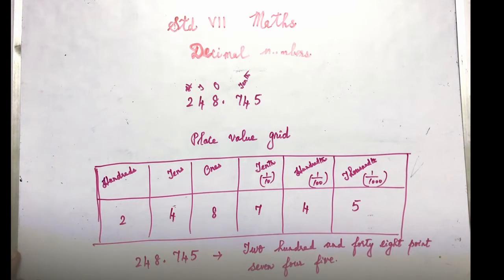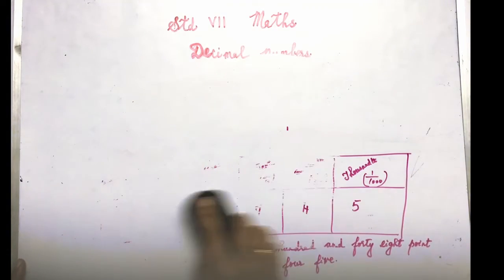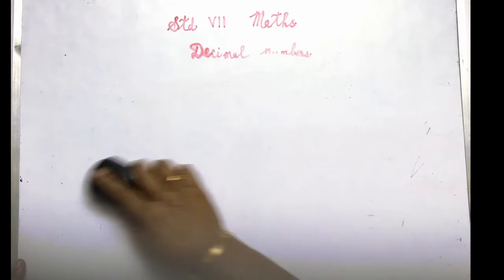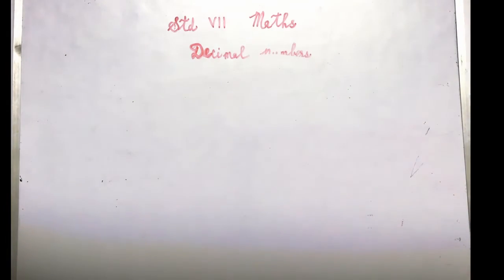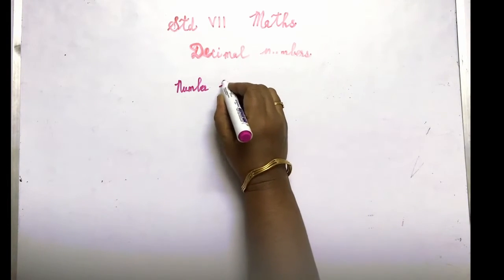Now we are going to see how to write the number name for a decimal number. Now number names.